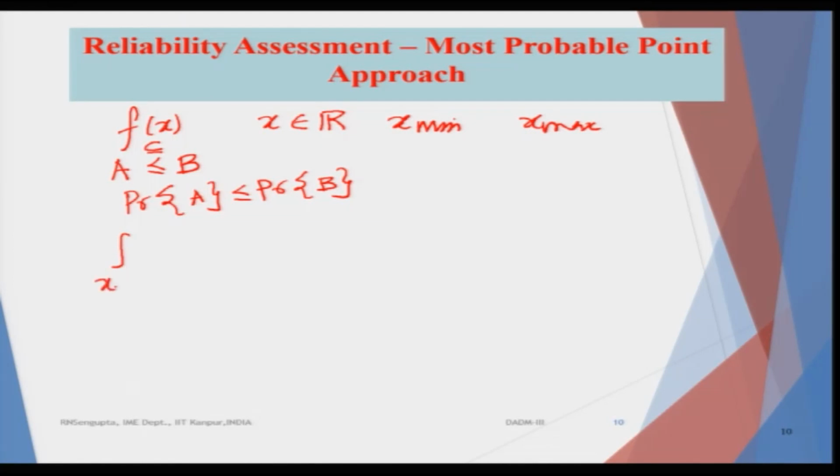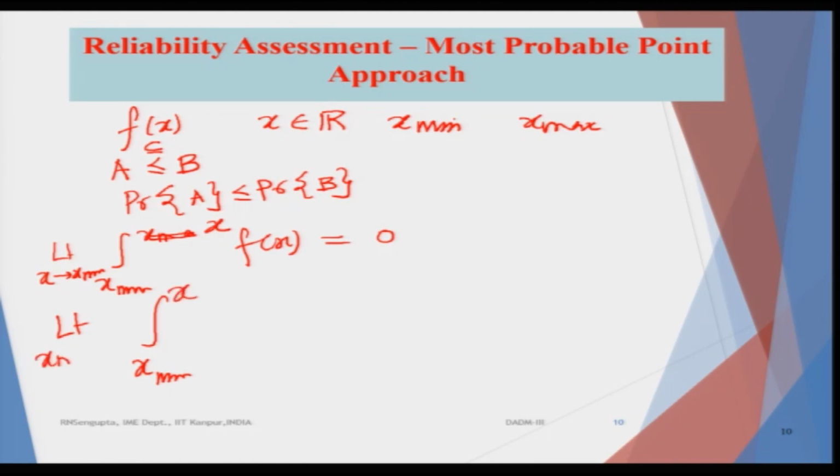Number 2 is that, in the limit x tending to x min, f of x would be 0, and in the limit x tending to x max, f of x is equal to 1.